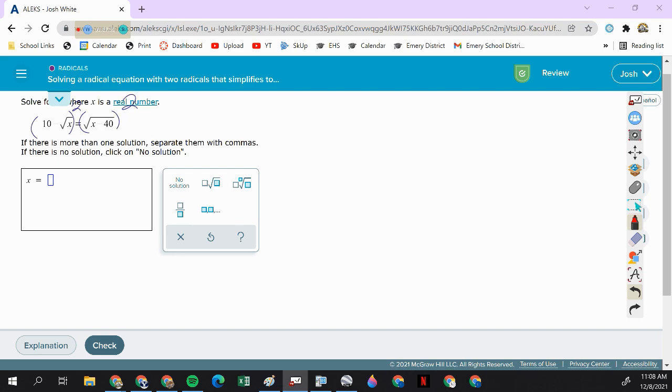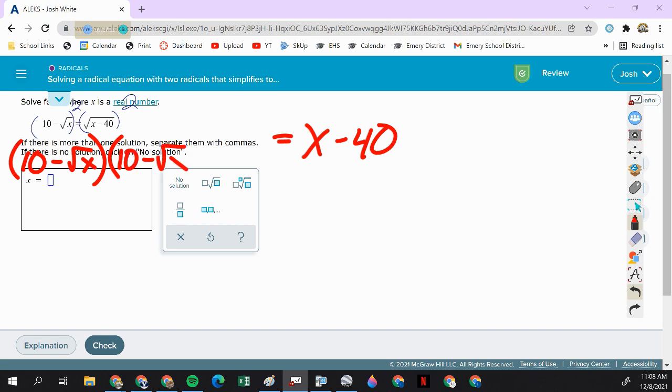The right side becomes x minus 40. And the left side is the problem, 10 minus root x times 10 minus root x. 10 times 10 is 100. 10 times negative root x is negative 10 root x. And this is the same, negative 10 root x.